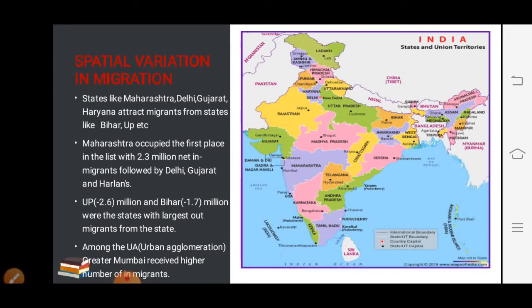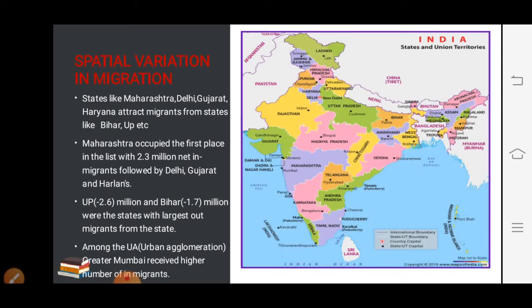Now, let us also look at the spatial variation of migration in India. Migration can be measured in terms of spatiality, or spatial variation. Let us only look at within our own country.